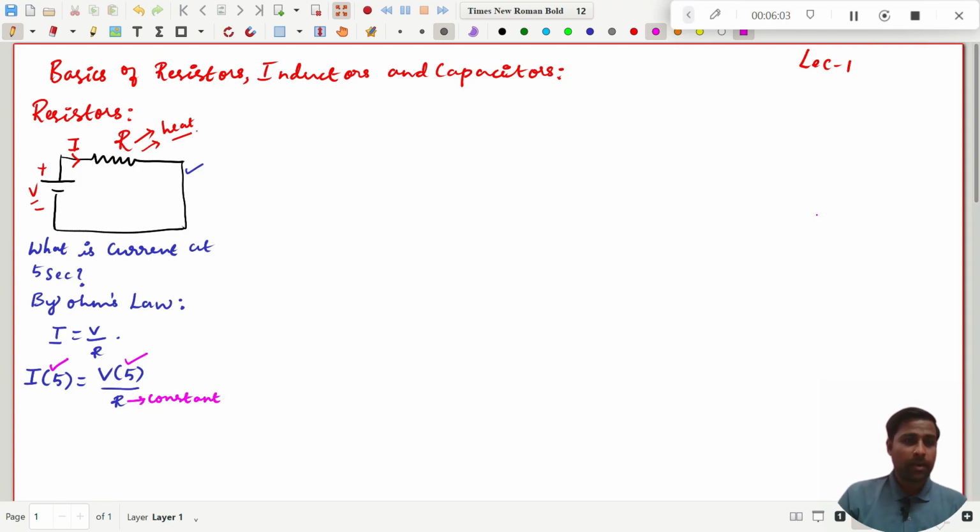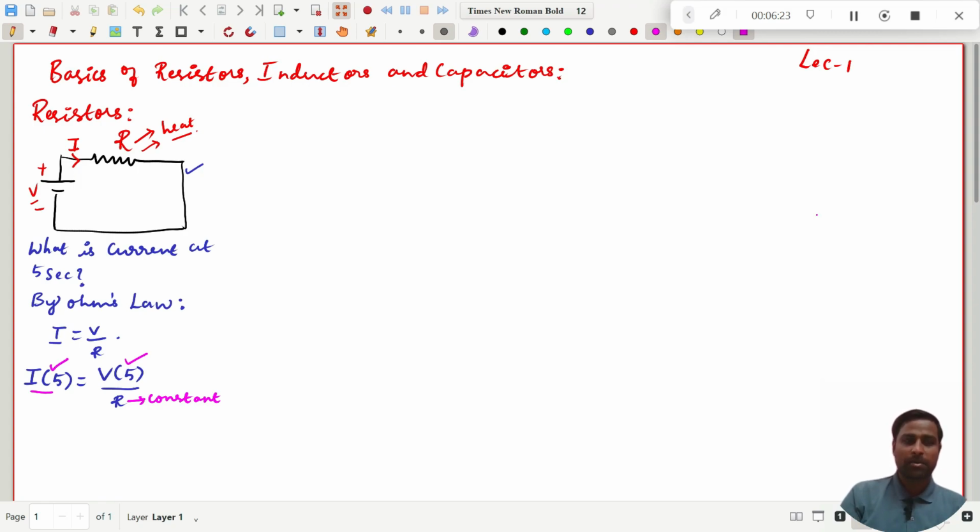But I have written V at 5 seconds. My question: what happens to the voltage before 5 seconds? Why am I not considering the voltage before 5 seconds to find the current at 5 seconds?